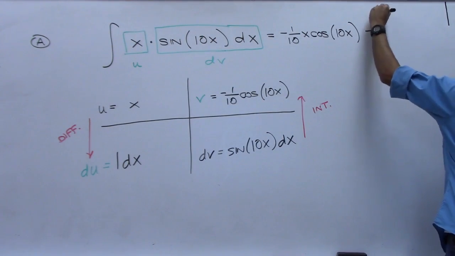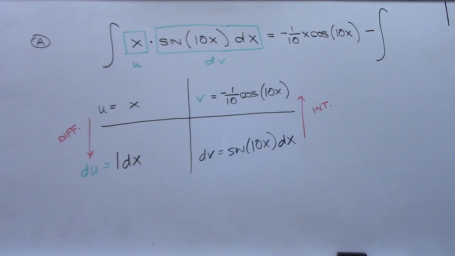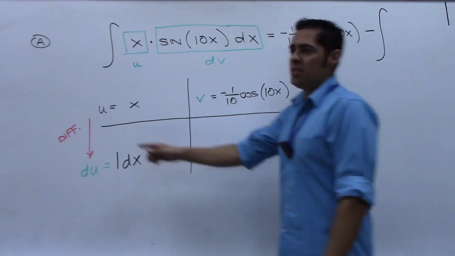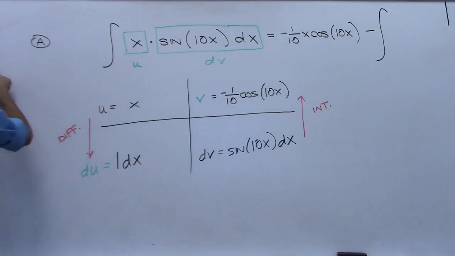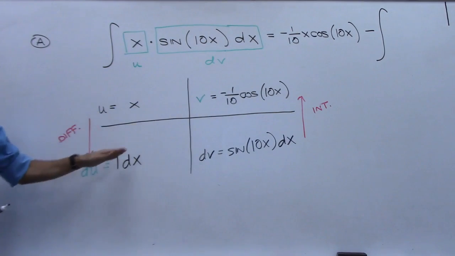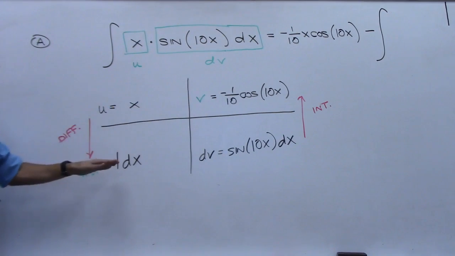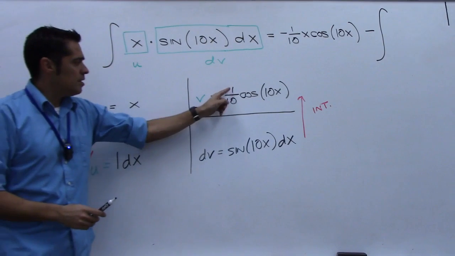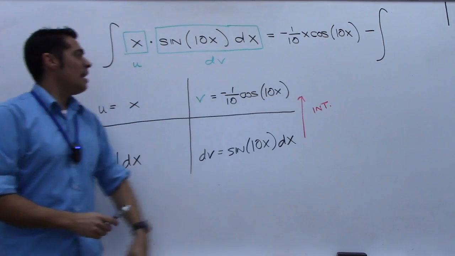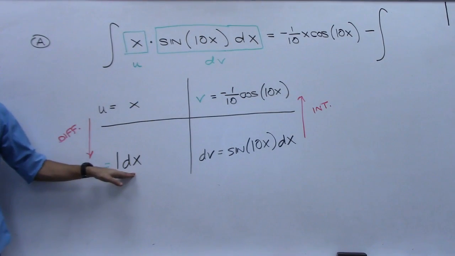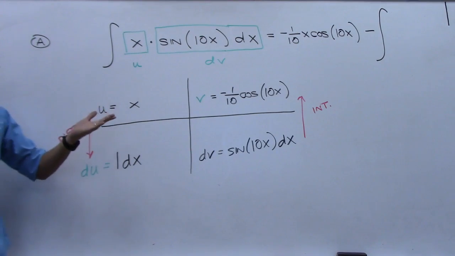now an integral of what? v times du. So now we're looking at multiplying diagonally, here to here. So what's negative 1/10 cosine 10x times dx? Just that dx, right?